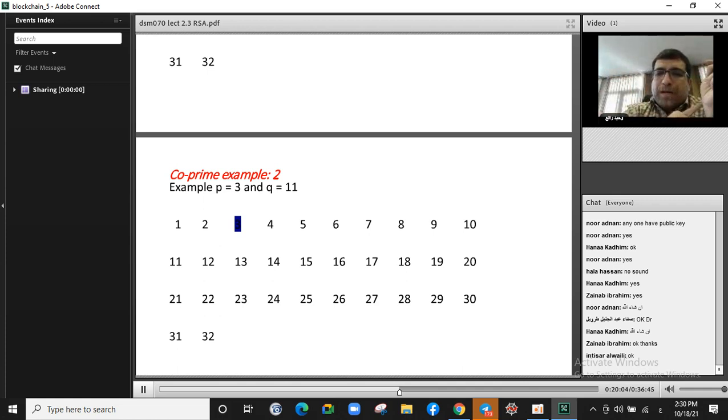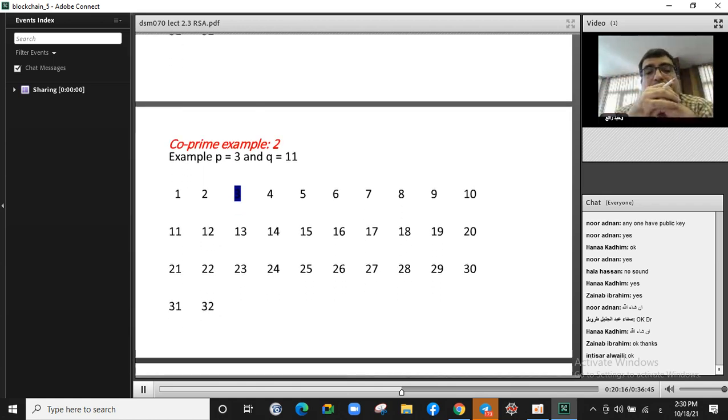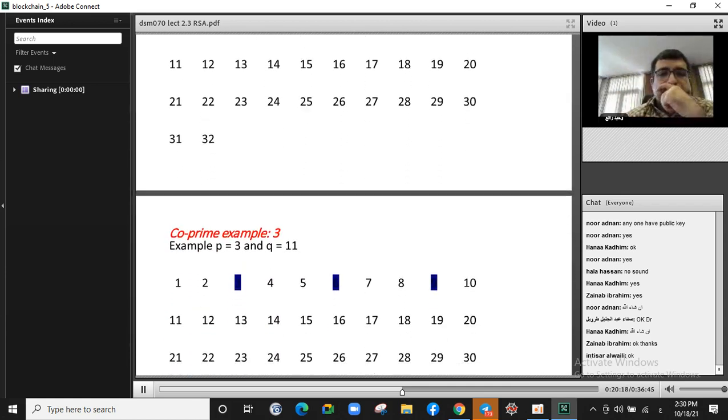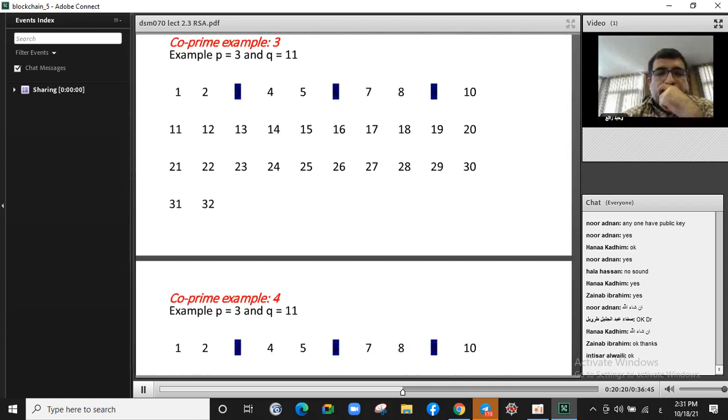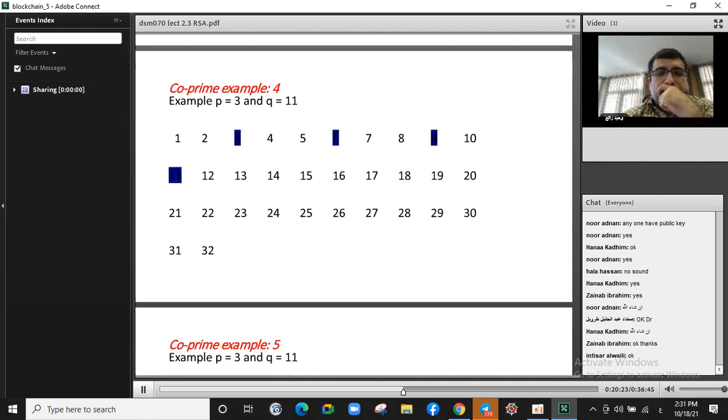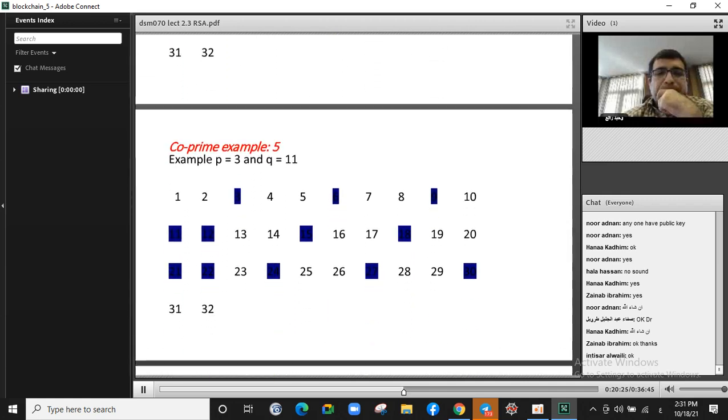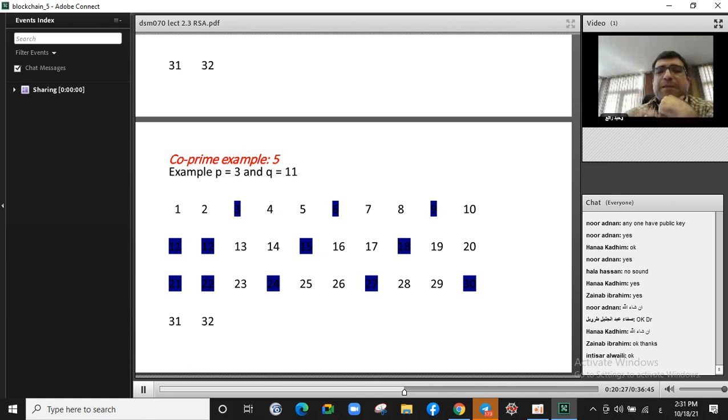all have 3 as an element. Okay, so if I eliminate all the numbers that are not coprime, these numbers will remain: 1, 2, 4, 5, 7.